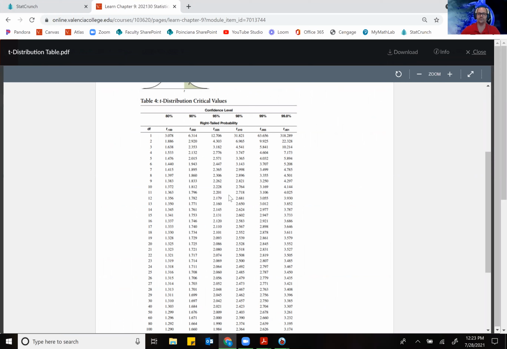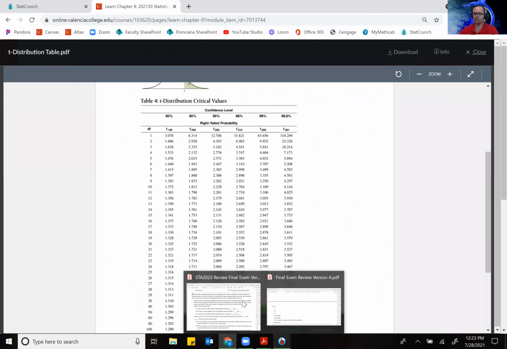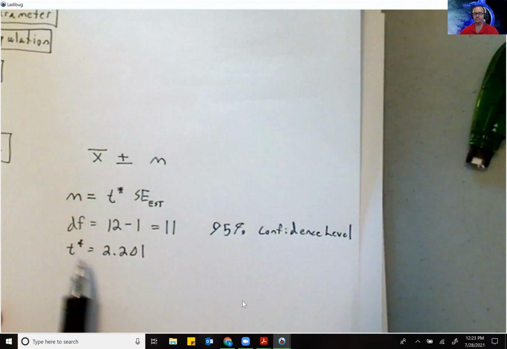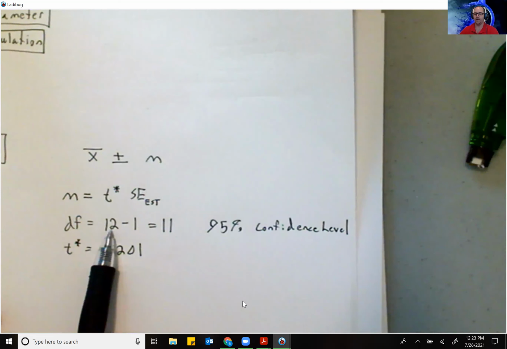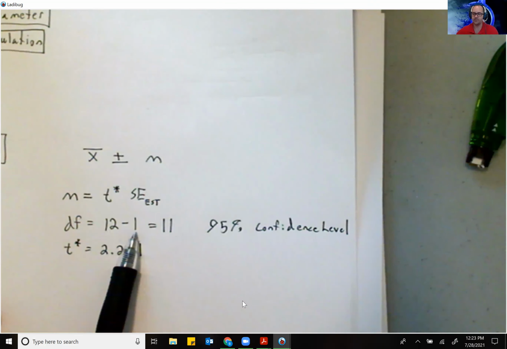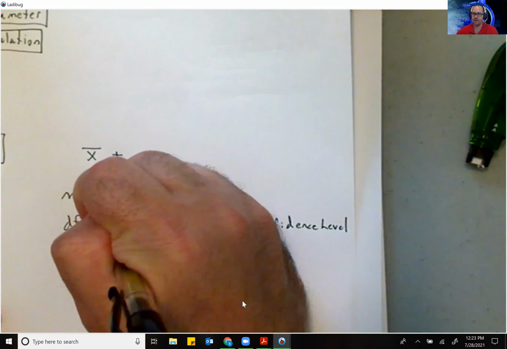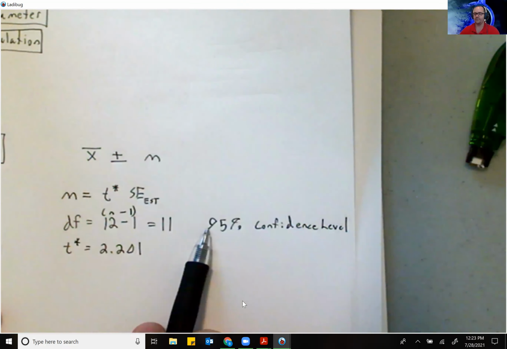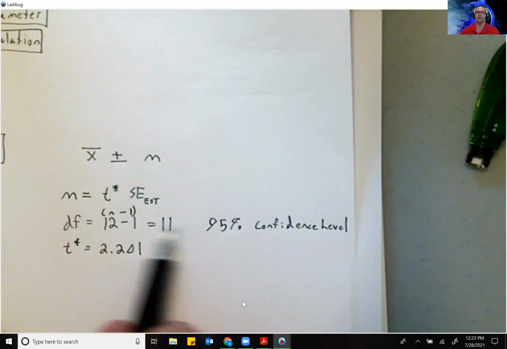This is our value right there. So what we just found was the T star that we're going to be using. You take the degrees of freedom, which is 12 minus 1, which gives us 11, because the degrees of freedom is your sample size minus 1. Our confidence level is 95%, and these two lead you to that number on our chart.